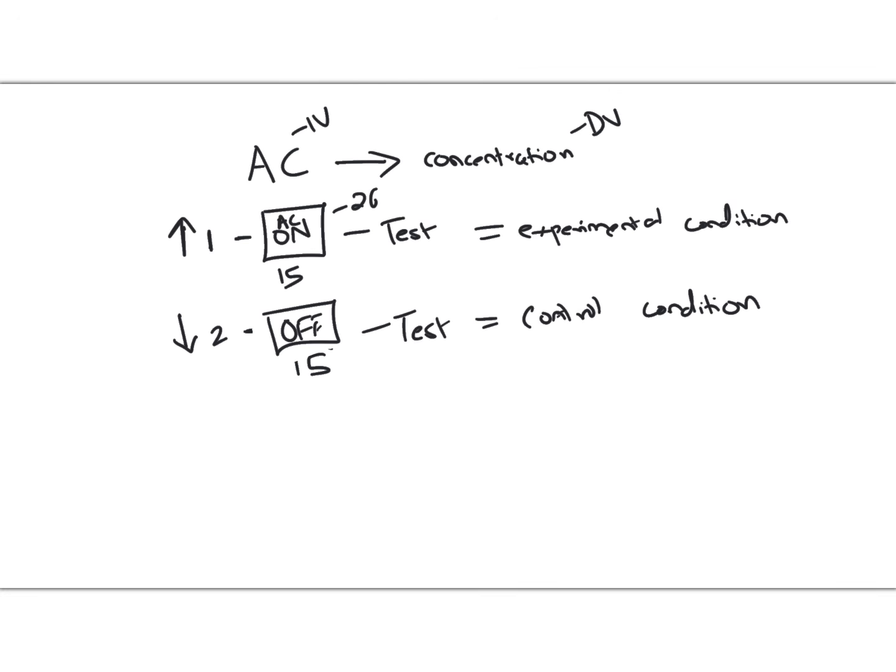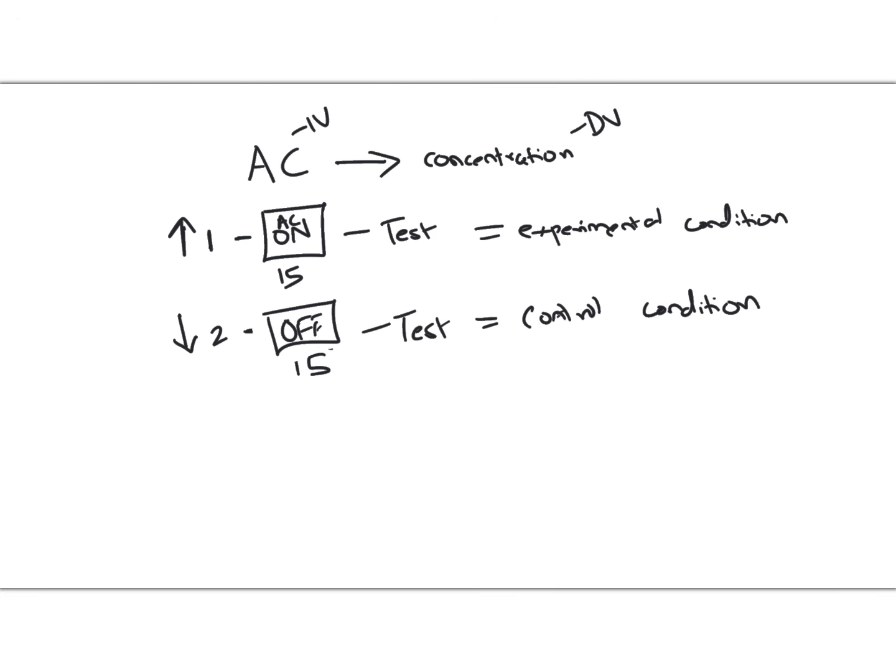The 15 students in the AC on group, let's remove this 26 because we now have AC on and AC off. So the 15 students in the AC on group, if they perform much better than the 15 students in the AC off group, can I conclude 100% that the reason for their better performance, their higher concentration, is solely because of the AC and nothing else? The answer to that is no.